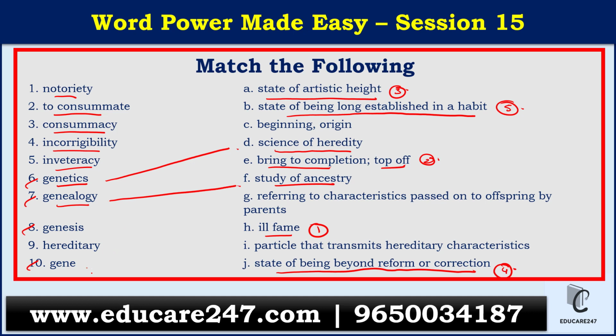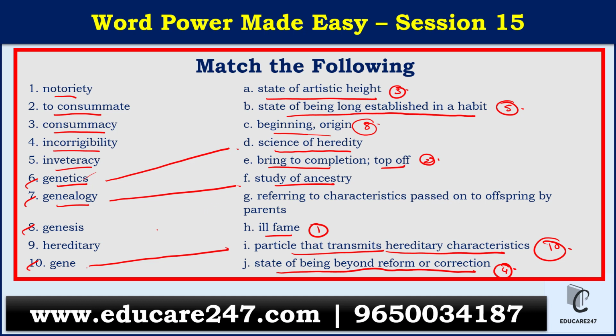So if you see gene now here, so gene basically will mean the unit, the particle. The particle that transmits hereditary characteristics is gene. And genesis basically is easy. So we have genesis to be beginning or origin of something. So this is 8.